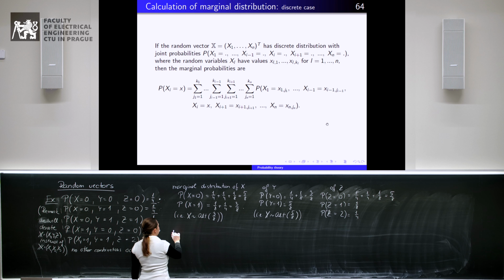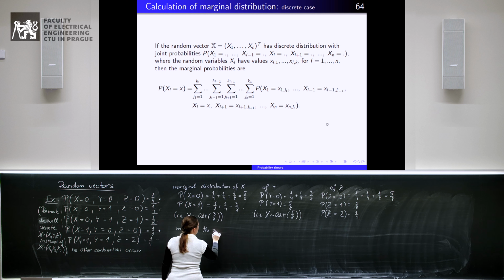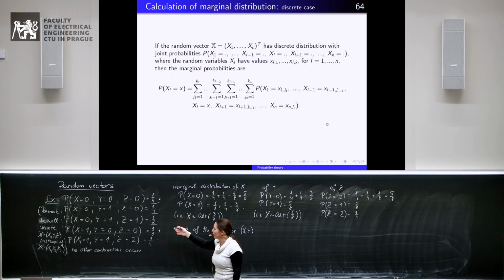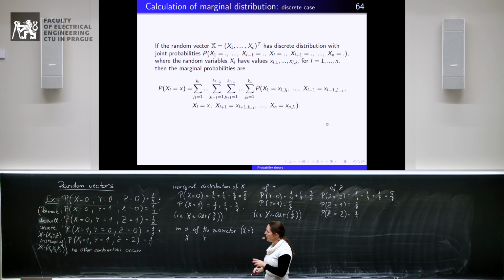So for example, marginal distribution of the subvector xy is the distribution of the vector xy independently of z, or not independently, of course, it must depend through this joint distribution, but we care only about the values, the combination of values for x and y.